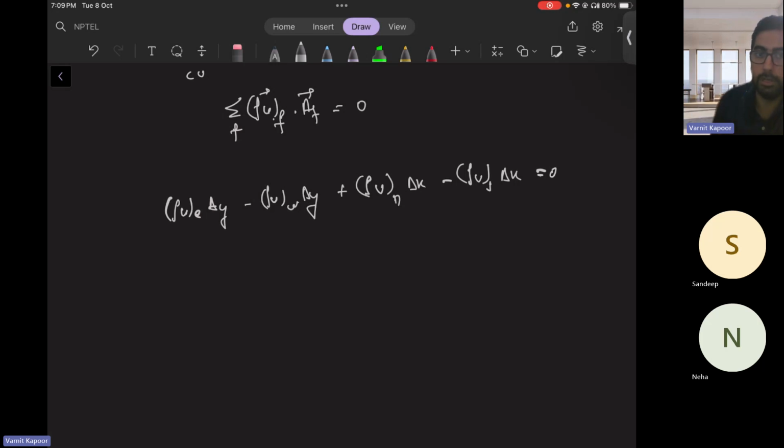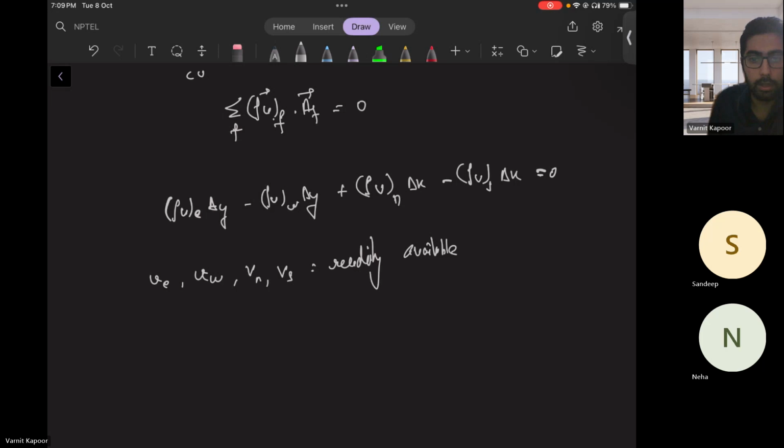We have these values stored at the faces this time: U east, U west, V north, V south, readily available, no need to interpolate.